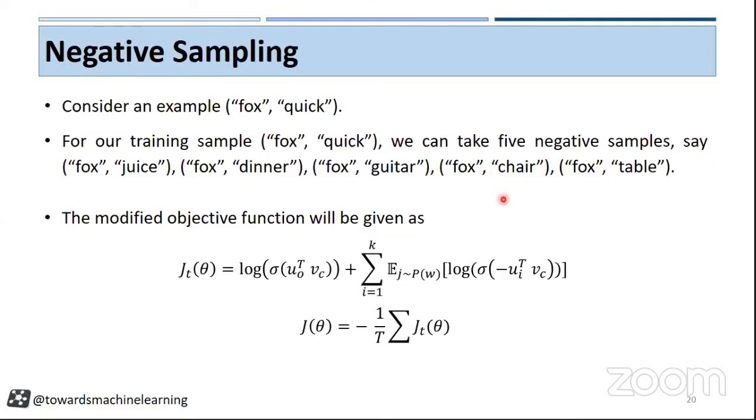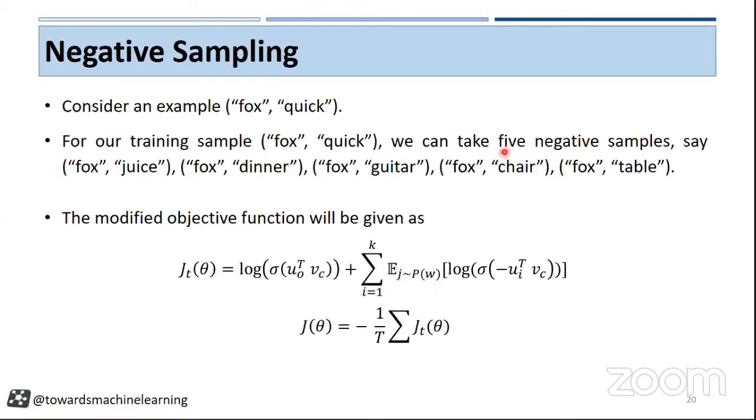You can take five negative samples, meaning your k value is 5. This is one of the hyperparameters, and you can change it to any value.